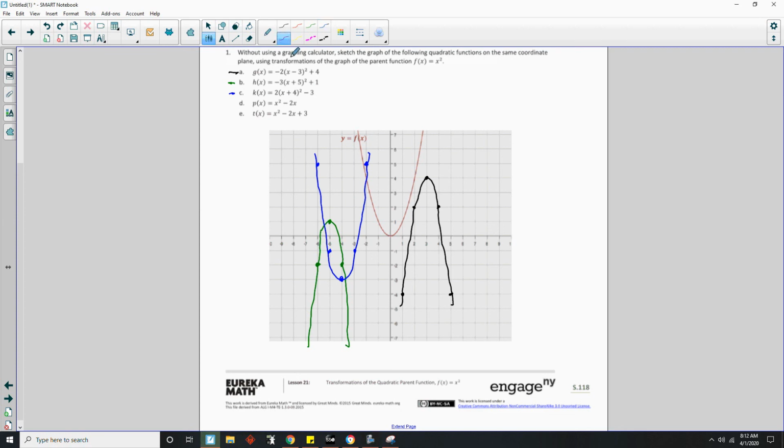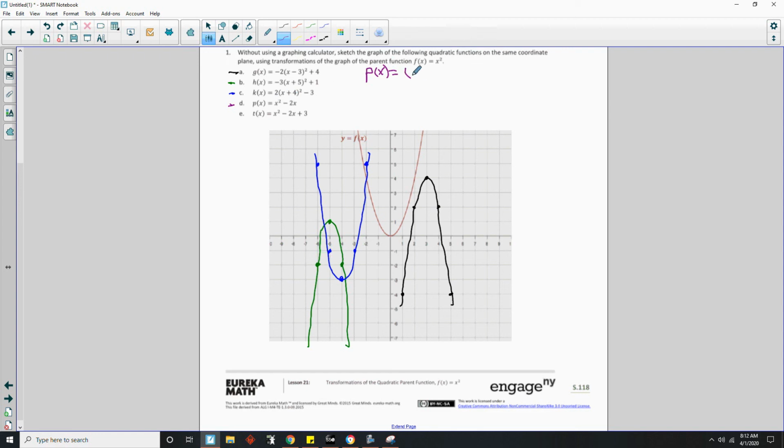And we'll move on to purple for D. And D is p of x equals x squared minus 2x. Okay, this is not in vertex form, so I need to put it in vertex form. So remember, the first thing we do is factor out the common factor, which there isn't one because a is already 1.